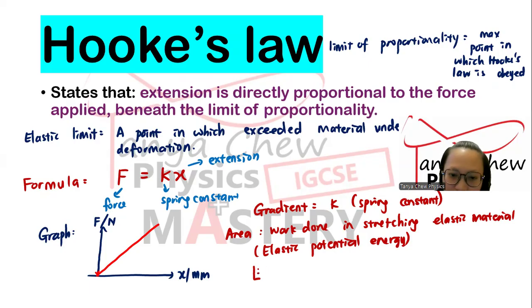One is, I put E represents energy, half Fx. You see, this is a straight line graph. If you find the area of the straight line graph, that will be the area of a triangle. F represents force, X represents extension. If you don't want this, you can replace it with half Kx squared: spring constant multiplied by extension squared.